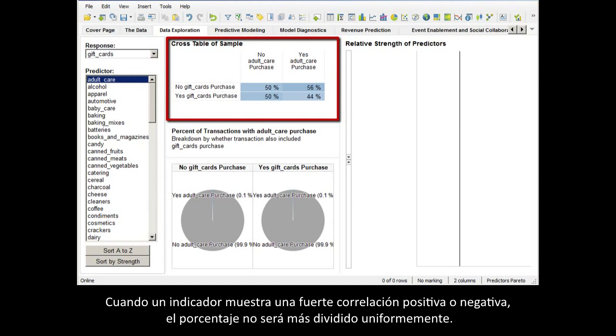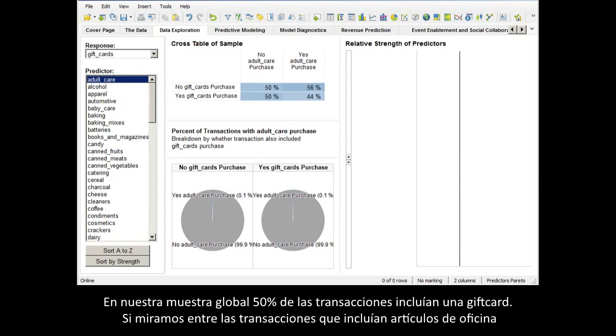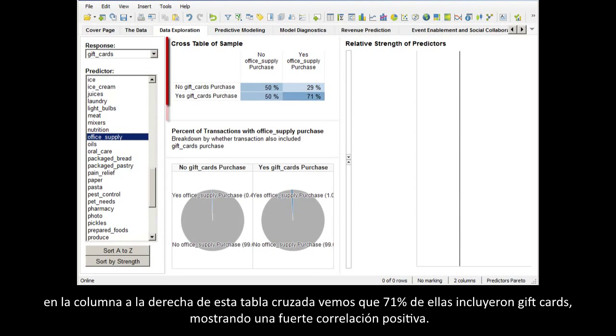When a predictor shows a strong positive or negative correlation, the percentage will no longer be weighted evenly. In our overall sample, 50% of transactions included a gift card. If we look among the transactions that included office supplies, in the right column of this cross table, we see that 71% of them included gift cards, indicating a strong positive correlation.